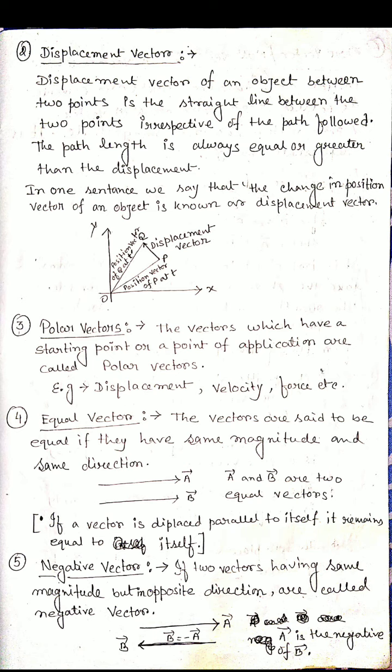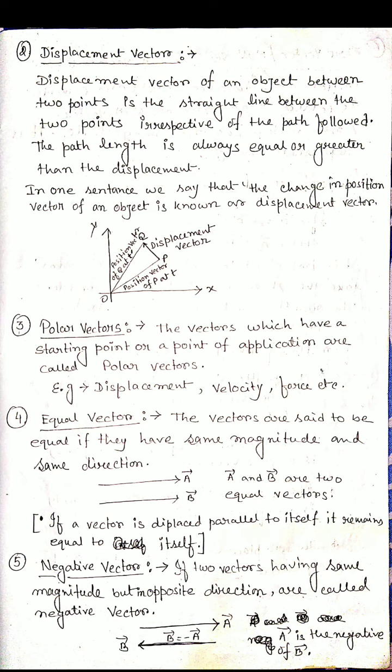Clear? Okay. Now negative vector. Negative vector is just opposite to the equal vector. If two vectors have the same magnitude but in opposite direction, then those vectors are called negative vectors.